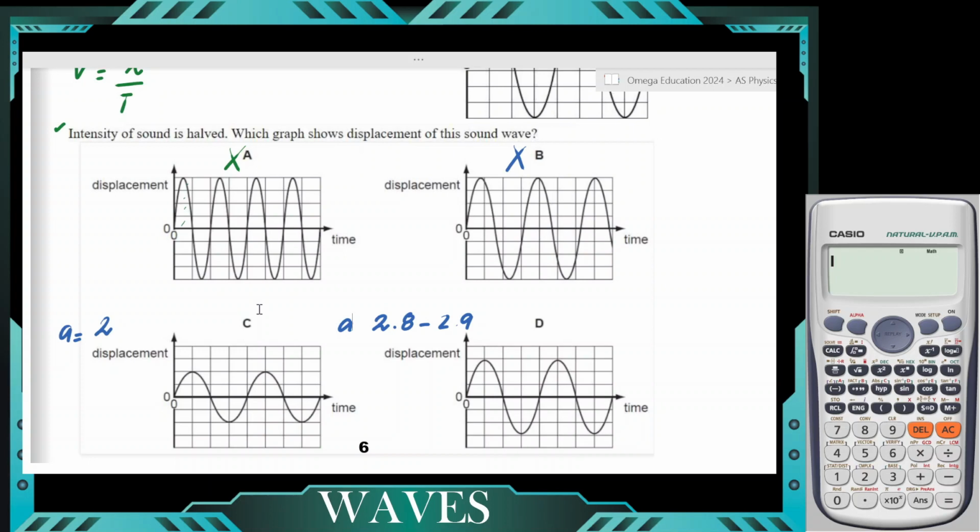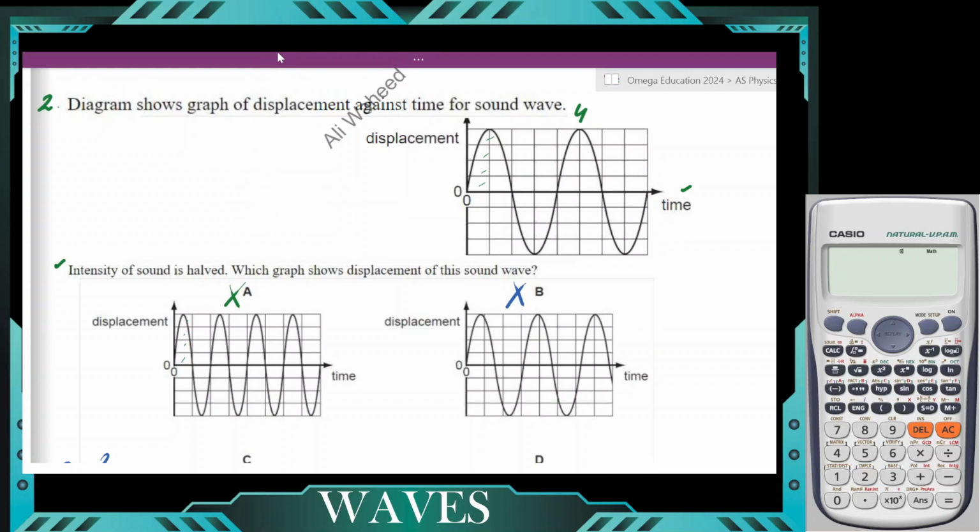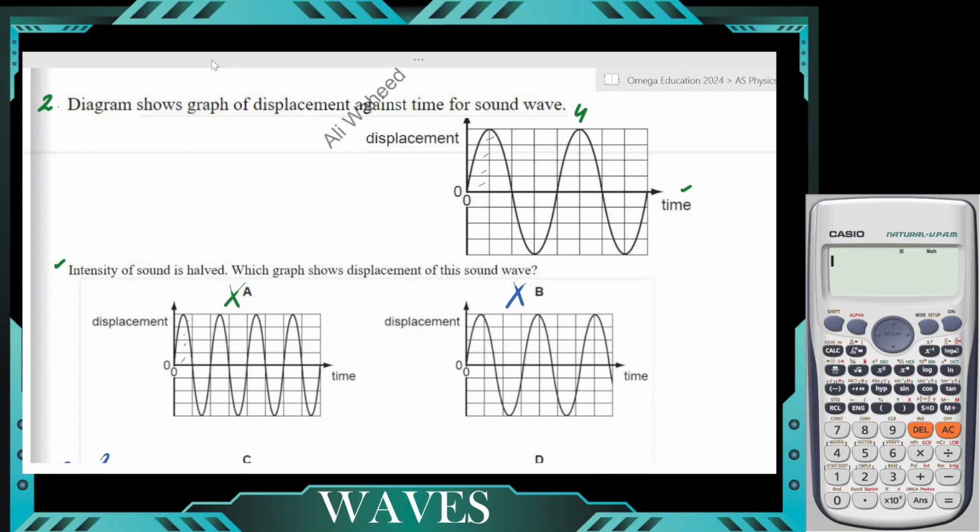No, they're related by a function of square. So what is the best way to answer this question? The best way is to write down the formula that relates the intensity and the amplitude.